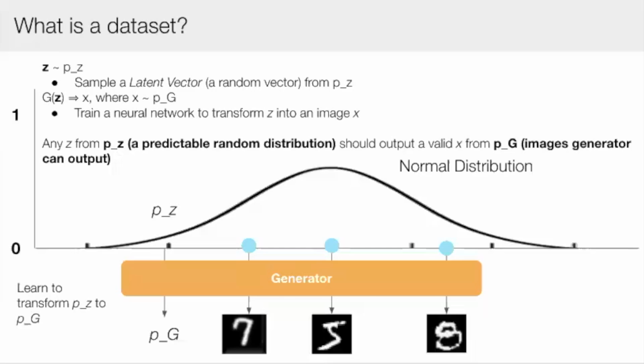And then the generator, we'll treat the generator as almost like a function, or really just a function. So the generator, big G, takes as inputs one of these latent vectors, which again, a vector of random numbers, and then outputs an image X, right? Where X is from P of G. Remember P of G being that probability distribution of all possible images the generator can create, right?